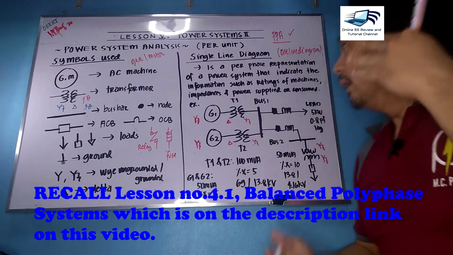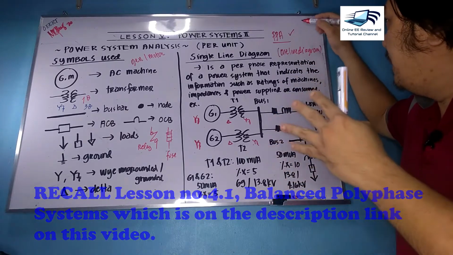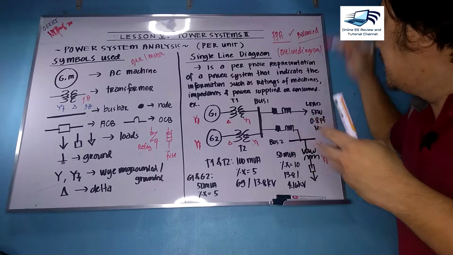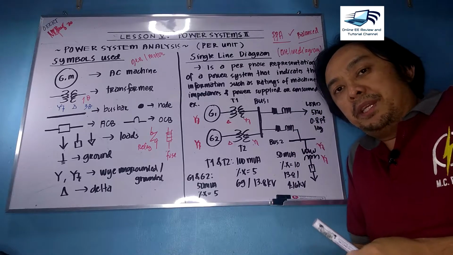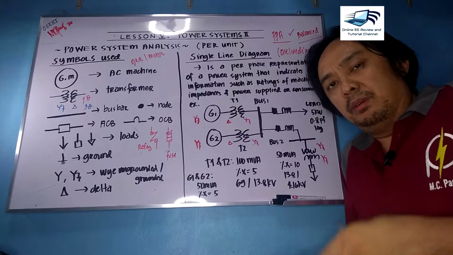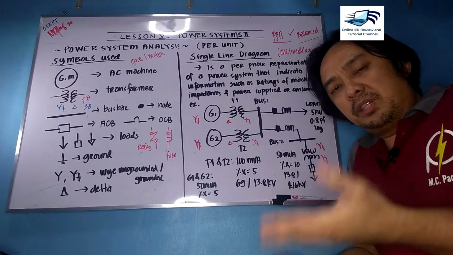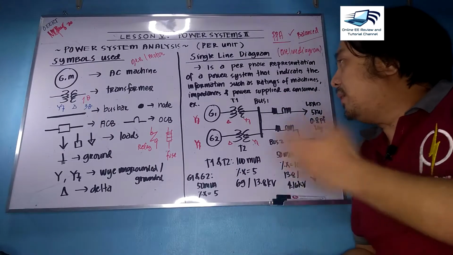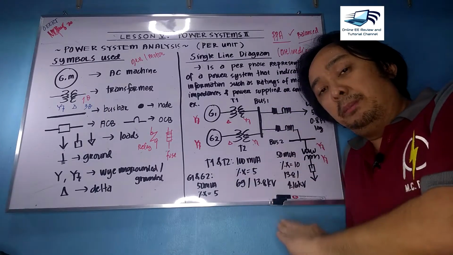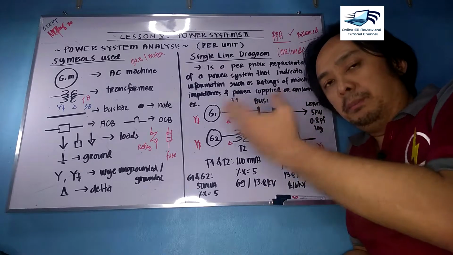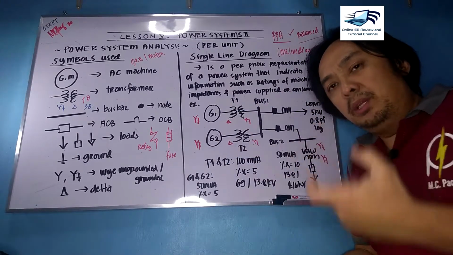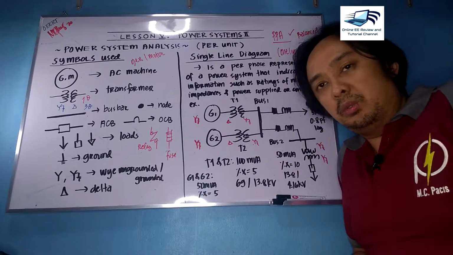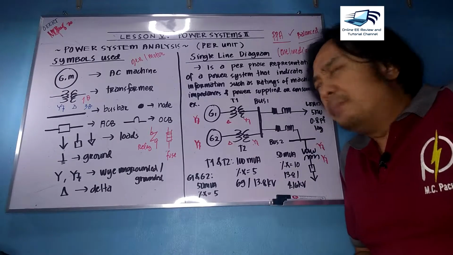It means if you have a per phase representation, you're considering your one line diagram as balanced and representing one phase of the system, such as line A or phase A. So please take note, we use phase A as our main reference. You can go back to that video so that you can recall those things.